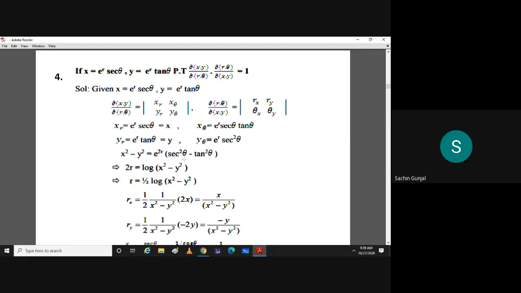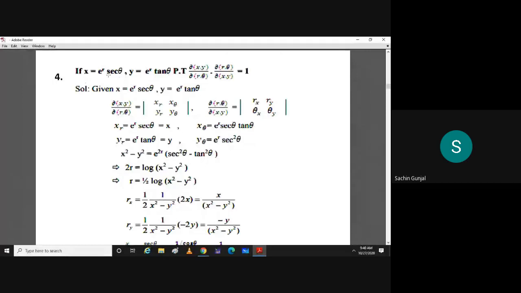But then you are eliminating theta. We have to eliminate r. Anybody? Sir, logarithm. Then we can divide the two equations. Yeah, good.